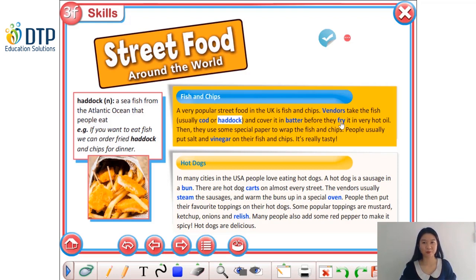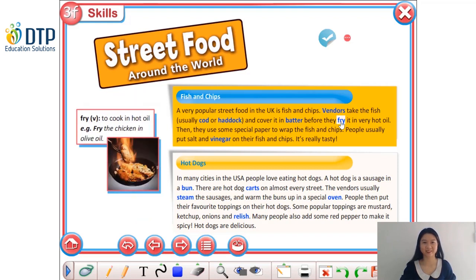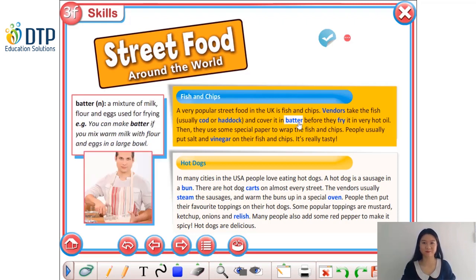And here we have the word fry. Okay, fry là một động từ có nghĩa là chiên. How about this word? Batter. Batter is a mixture of milk, flour, and eggs, and it is used for frying.